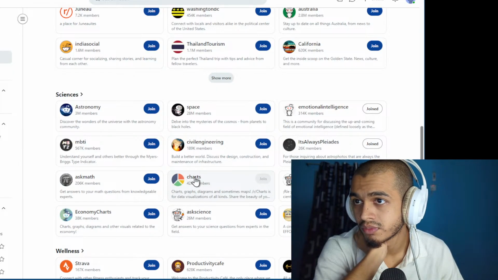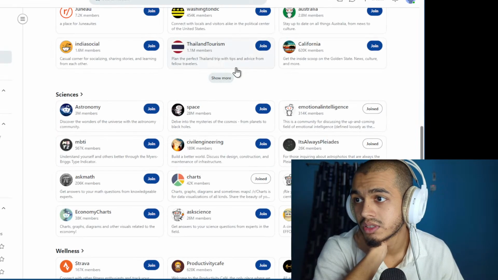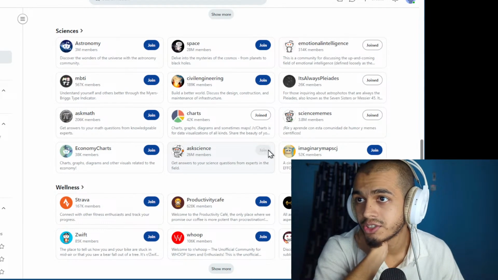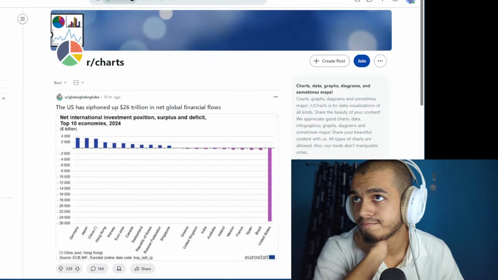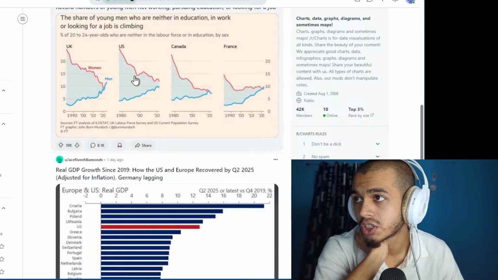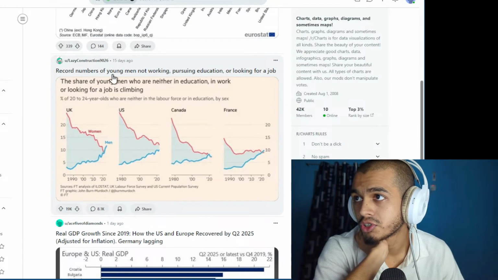Charts, science memes, yep, science memes, ask science. Economic chart, yep. Chart: record numbers of young men not working, pursuing education, and are looking for a job.